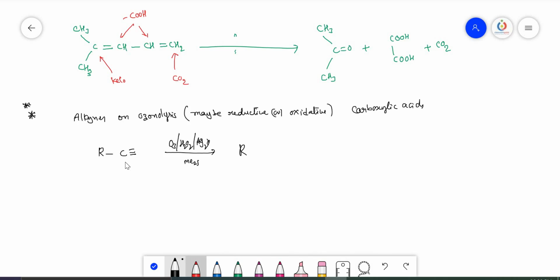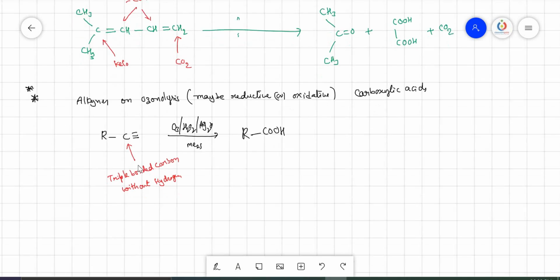One minute. This triple bonded carbon having no hydrogen, I will write here, triple bonded carbon without hydrogen will be converted to the carboxylic acid. Okay, so I will write down that product simply as COOH.